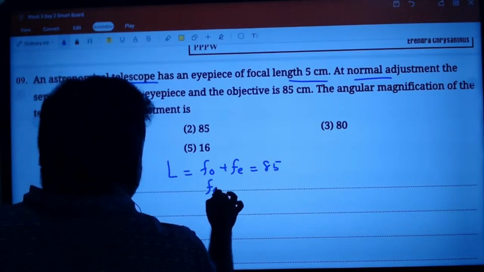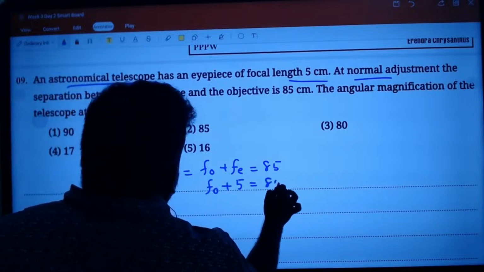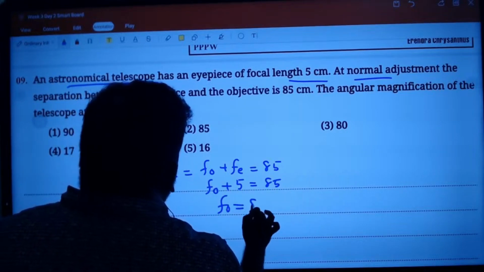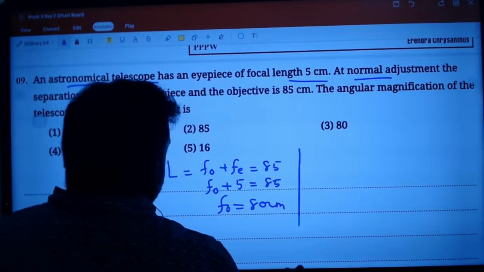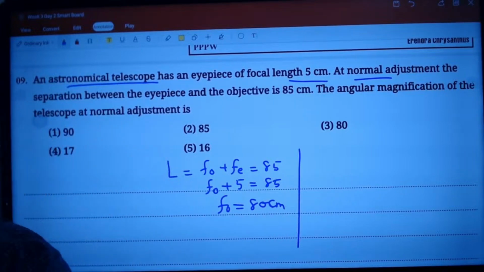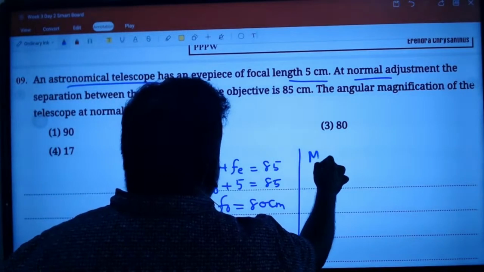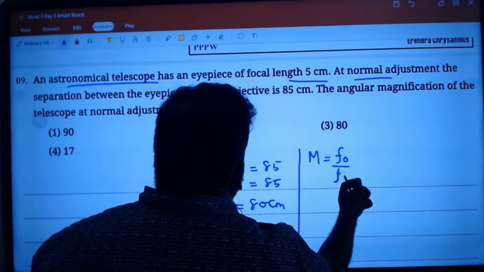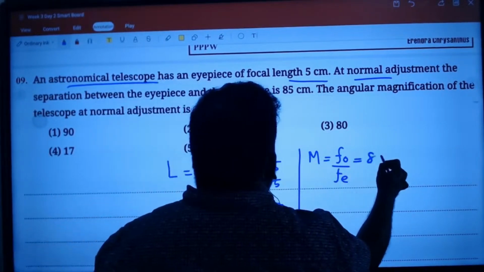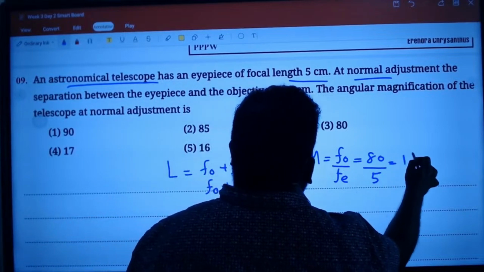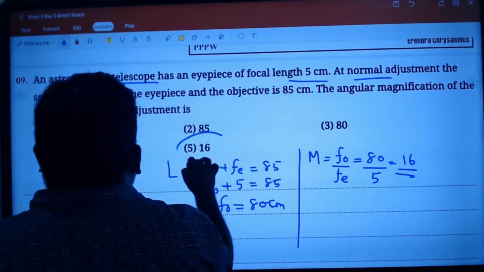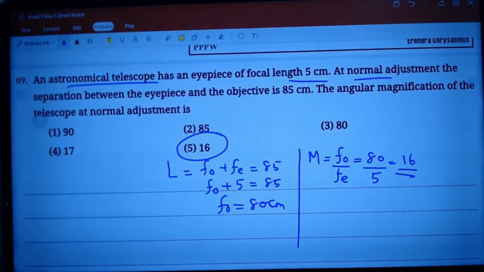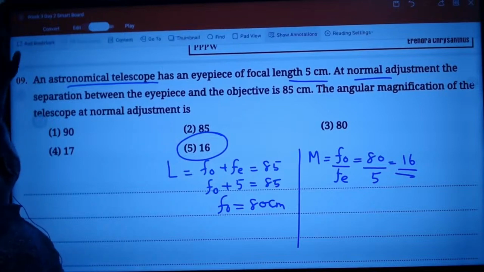So with the eyepiece being 5, f0 is going to be 80 centimeters. They are asking for the angular magnification, that's f0 over fe. f0 is 80 divided by fe which is 5. The correct answer is 16. Angular magnification is 16.